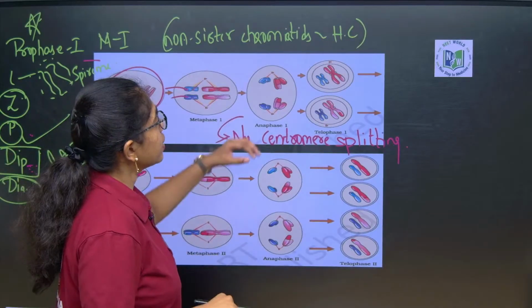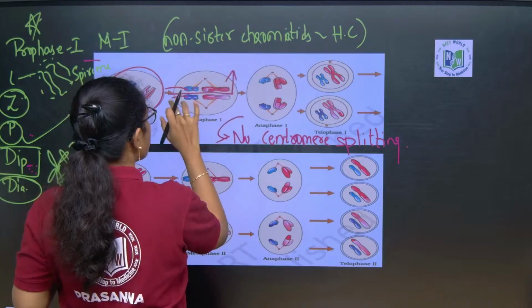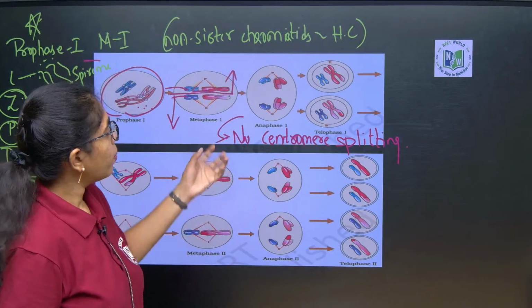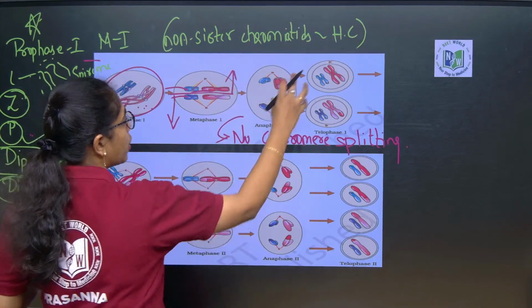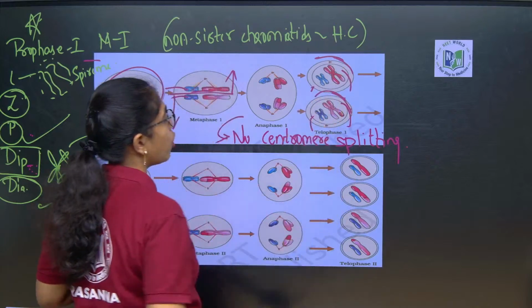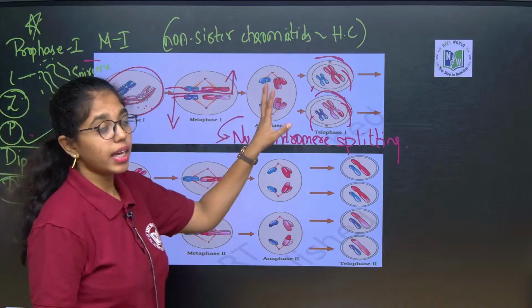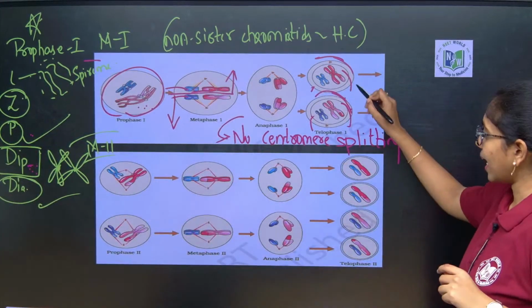The two chromatids in the homologous chromosomes will move towards one pole and the other set of chromosomes will move towards the other pole, but there is no centromere splitting in anaphase 1. In telophase 1, two daughter cells are formed, reforming their nuclear membrane and nucleolus, and the chromosomes decondense into thread-like chromatids.